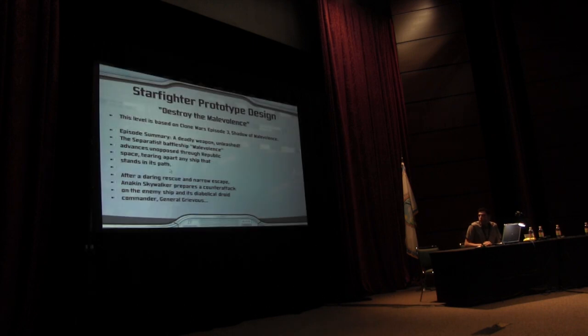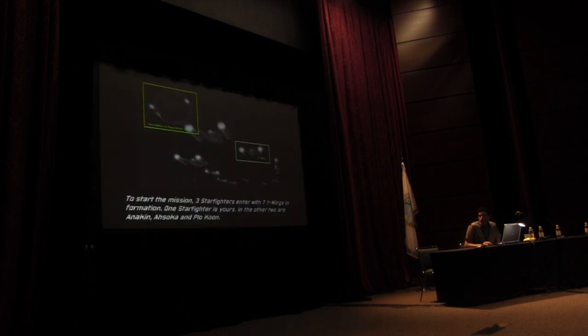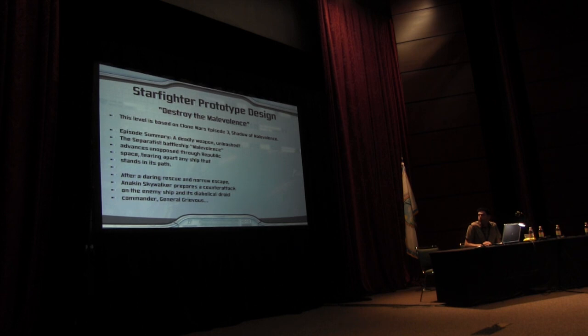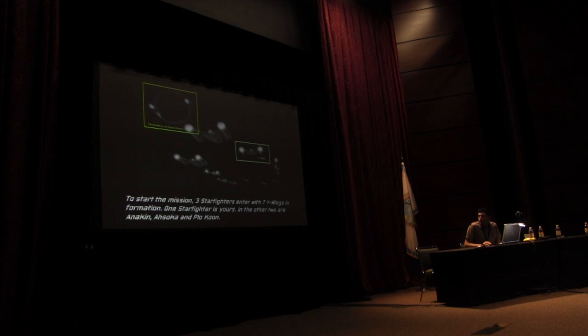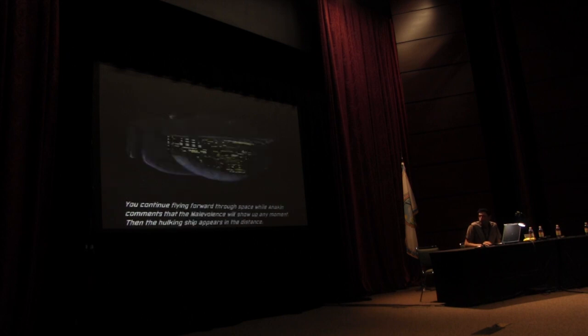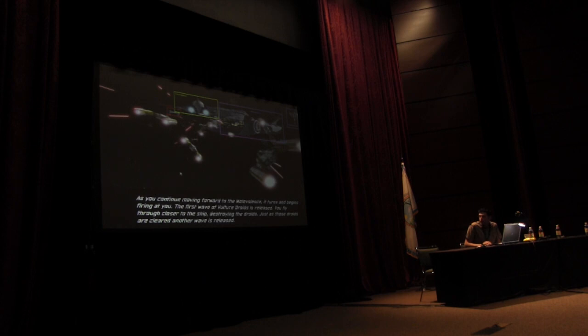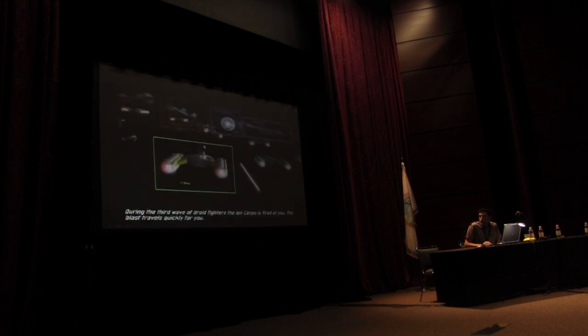So we wanted to use actual episodes for reference, so that you could relive those experiences from the show in the game. So we wanted to pick the Shadow of the Malevolence arc to try to do that. So you can see the progression here, where the designers wanted you to flow through, and we wanted to recreate that in the game.